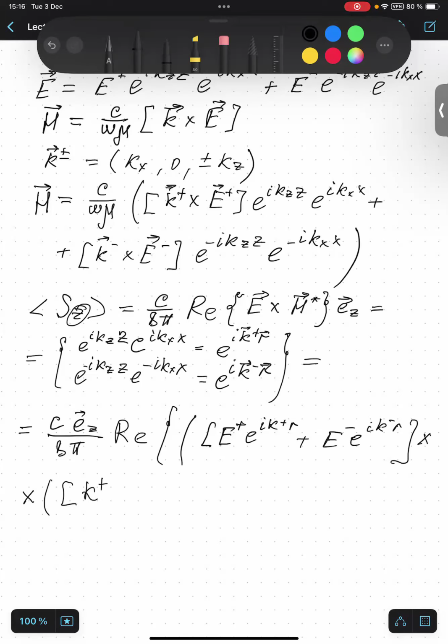For magnetic fields, we have E plus conjugated, k plus r, also plus k minus, multiplied, vector multiplication, minus conjugated, and also exponent here e, k minus r.